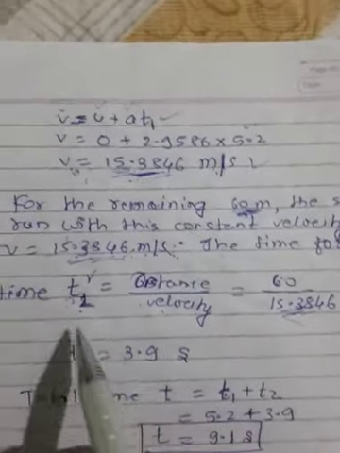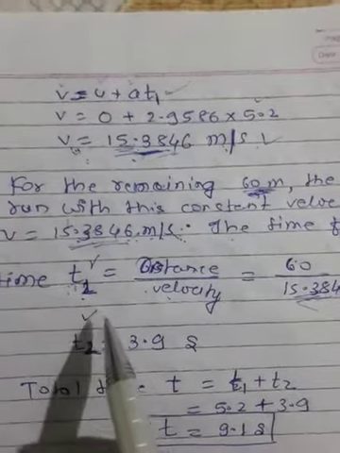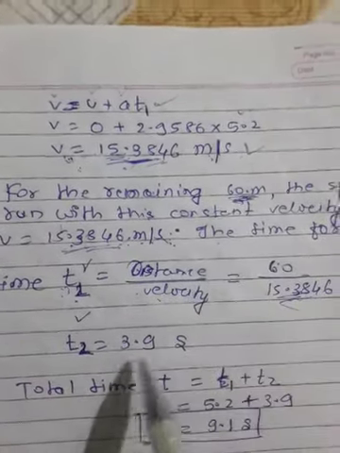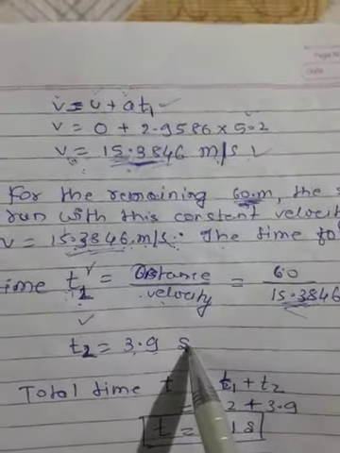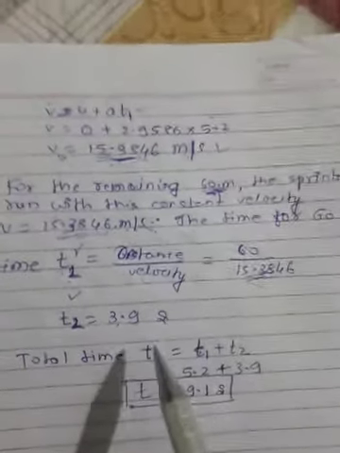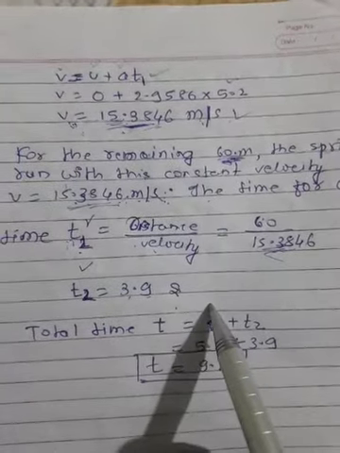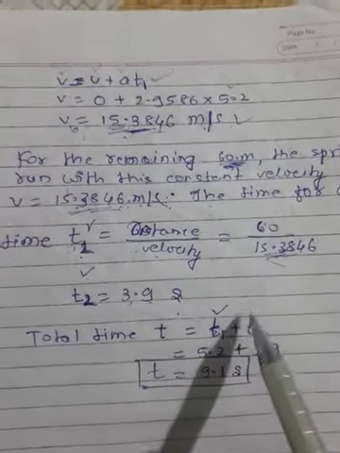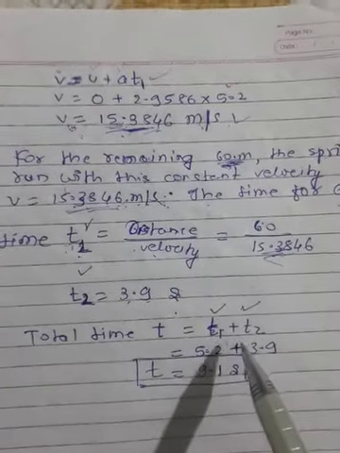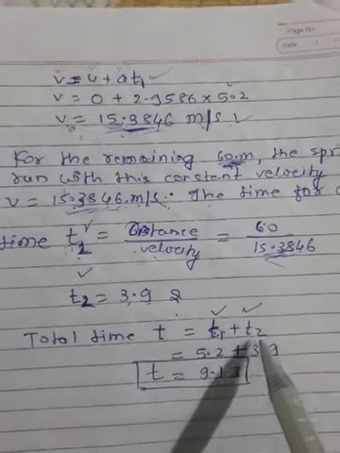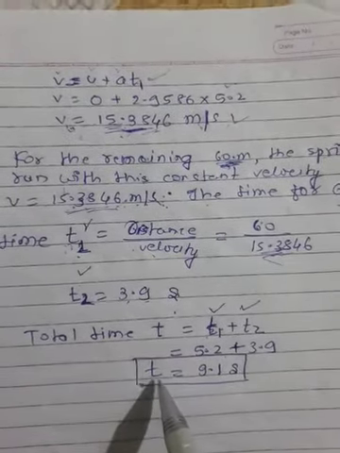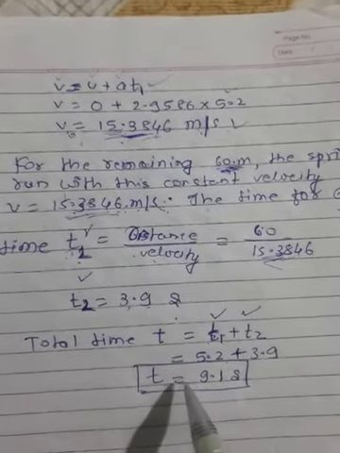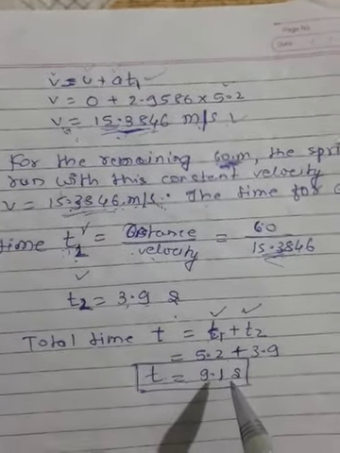After calculating I will get the time to cover the remaining 60 meter distance with the constant velocity as 3.9 second. So total time to complete the race is the time required for the first 40 meter plus time required for the remaining 60 meter. So I am putting both the values t1 and t2 here. So total time required by the sprinter, that is athlete, is t equal to 9.1 second.